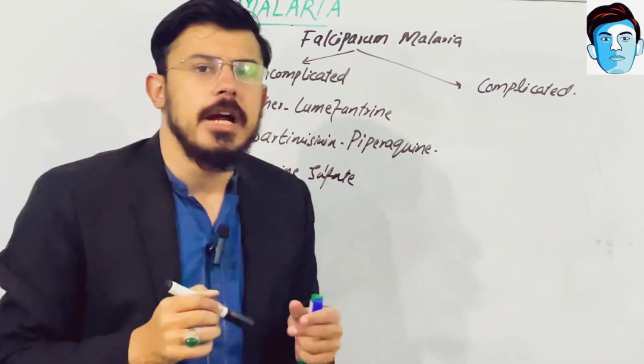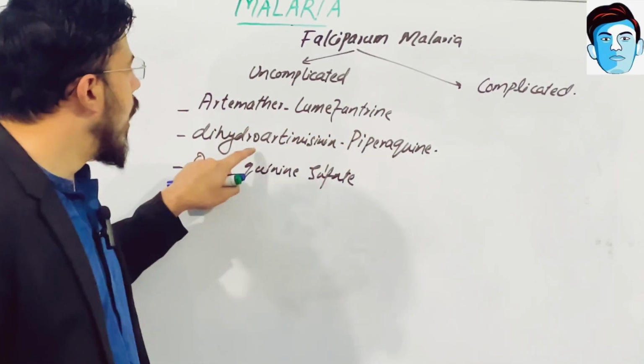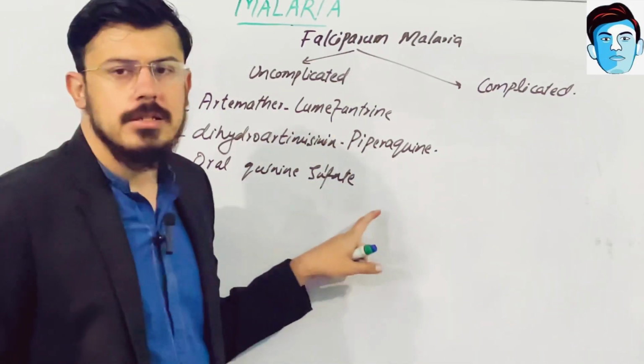So in uncomplicated falciparum malaria, the options are artemether-lumefantrine, dihydroartemisinin-piperaquine, and oral quinine sulfate.